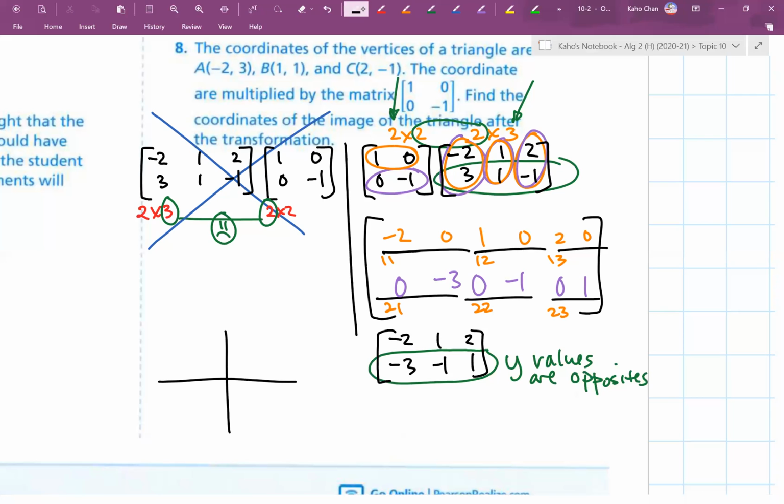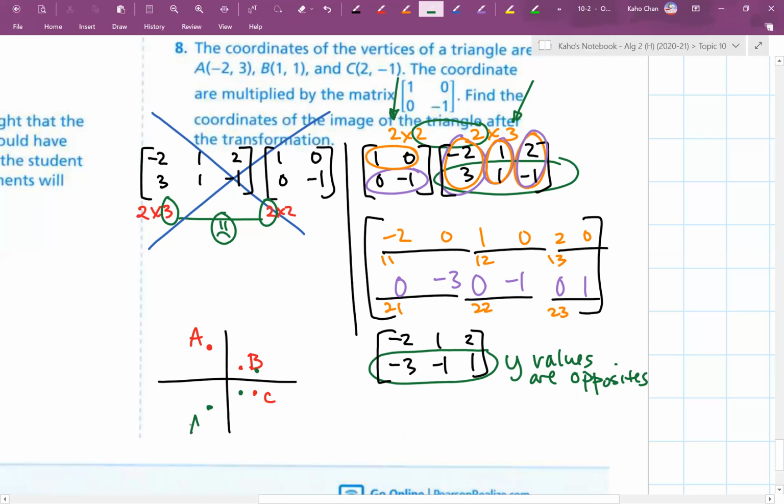Let's just kind of eyeball this really quick. -2, 3, 1, 1, and 2, -1. What happens to that triangle when all those values flip on us? -2, -3, 1, -1, and 2, 1.